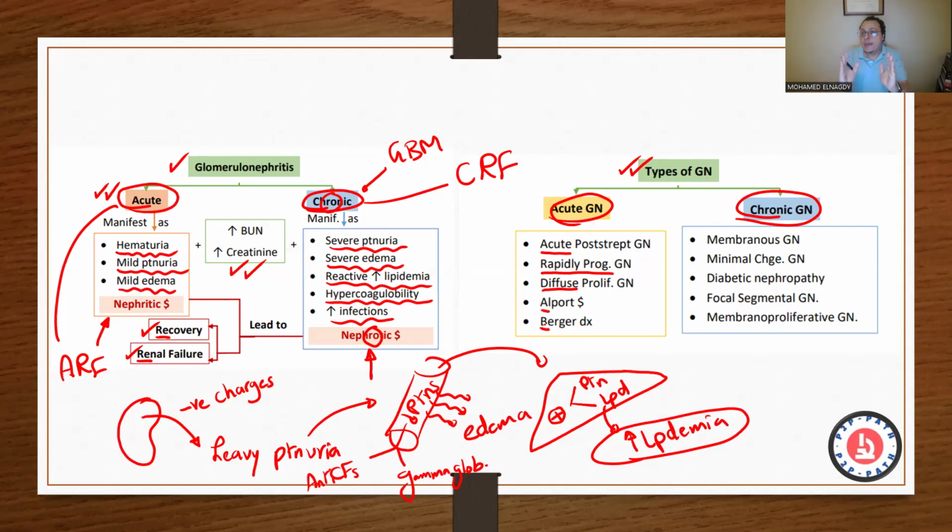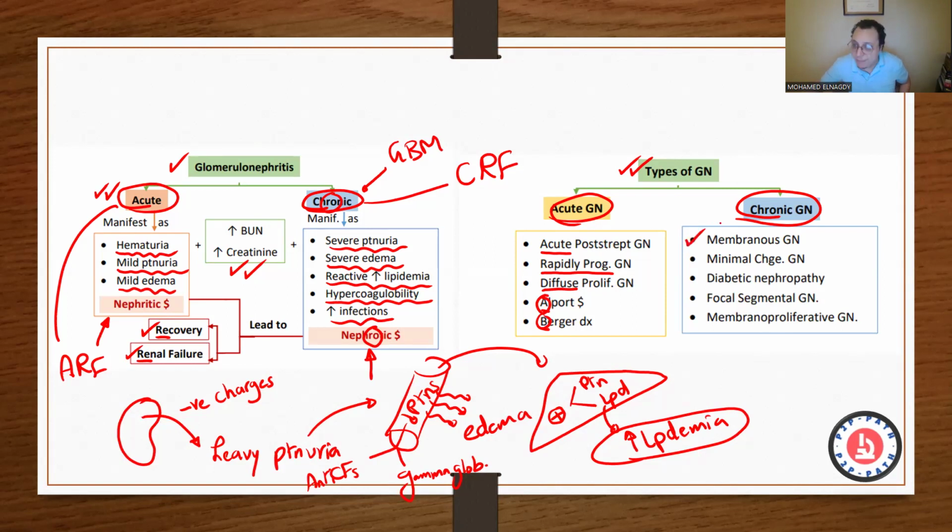And you have the AB. So scary AB means acute post-streptococcal, rapidly progressive, diffuse proliferative, and then the AB, which are two syndromes. I always say Alport syndrome and Berger syndrome or Berger disease. AB, Alport, Berger. And then look at the nephrotic entities, or the entities which are mainly included under the chronic glomerulonephritis or nephrotic.